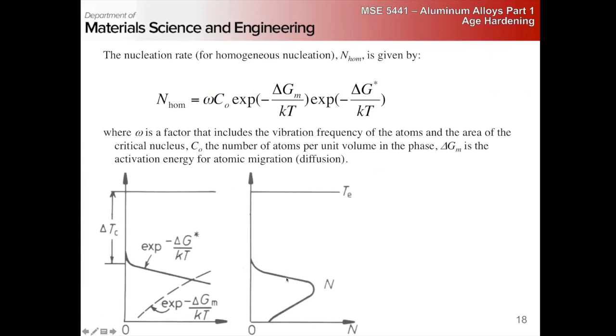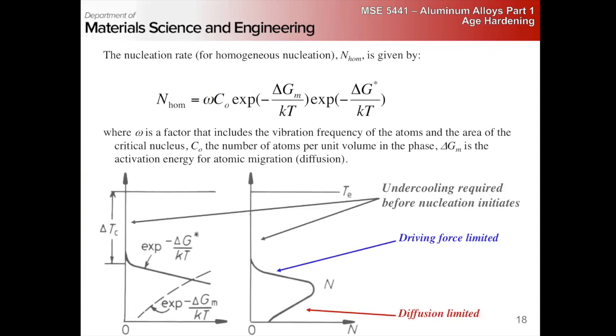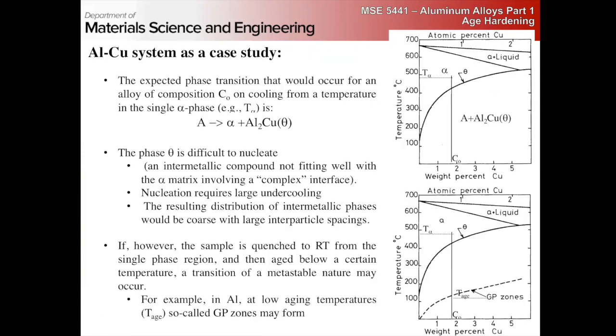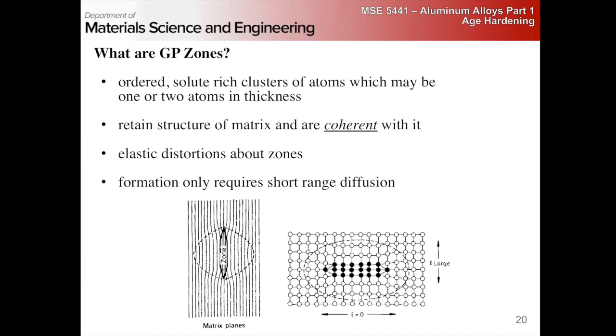You're not going to see that exact same question, but I thought it was an important enough concept to ask an exam question on it last year. So that should be a key that I think is kind of important. What are GP zones?